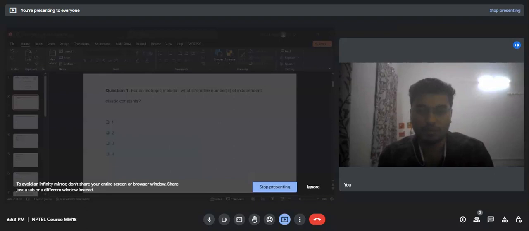We are given the Young's modulus E, that is around 200 gigapascal, and they have given the Poisson's ratio also, that is 0.3.